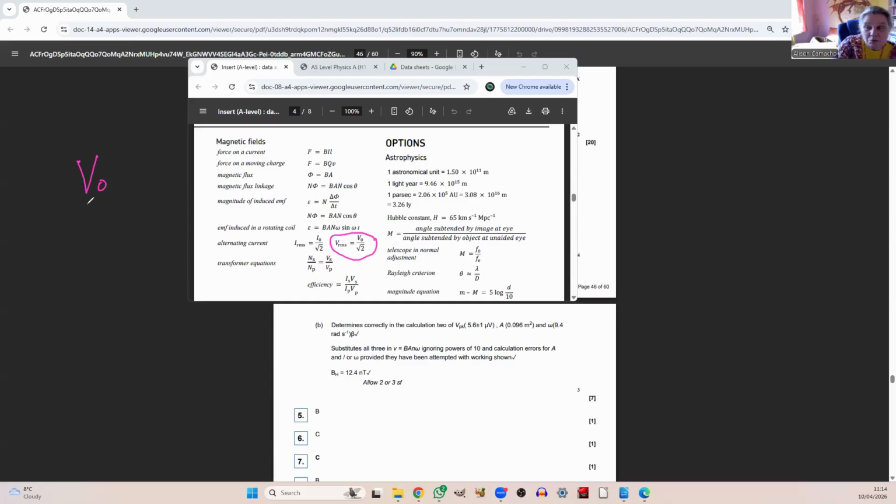So that's your maximum, that's your peak voltage. If you divide it by root 2, you get V_RMS. That's the DC equivalent. So you can do your P equals IV type equations, or V equals IR, and you can pretend that it's a DC circuit.